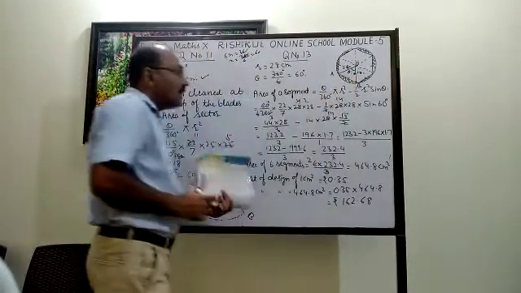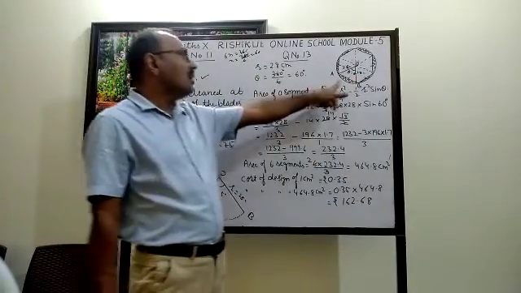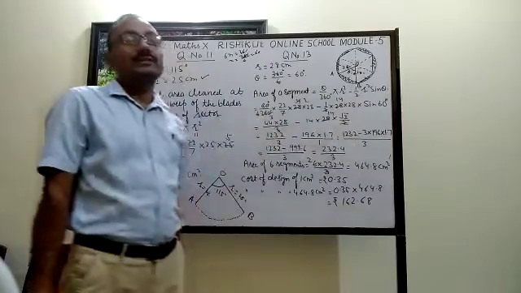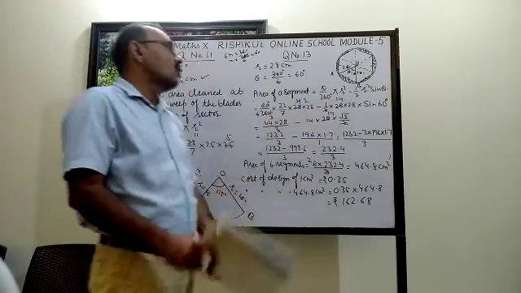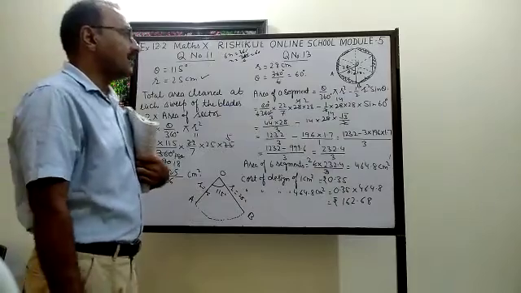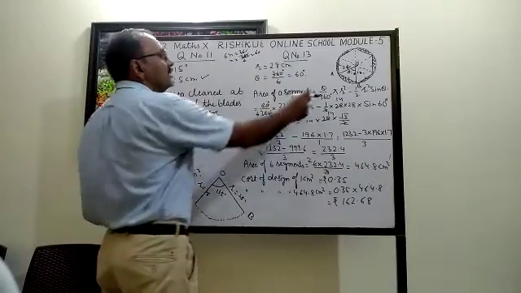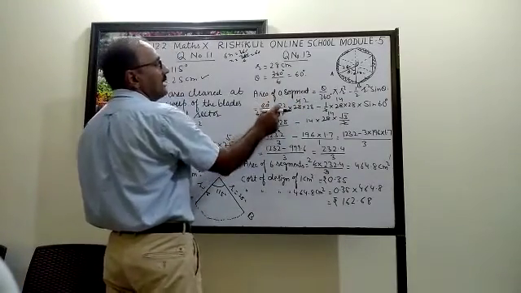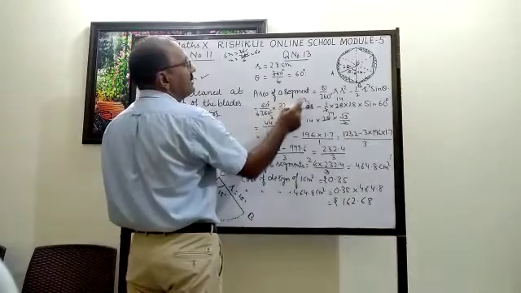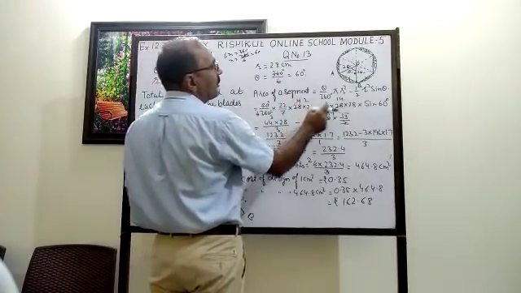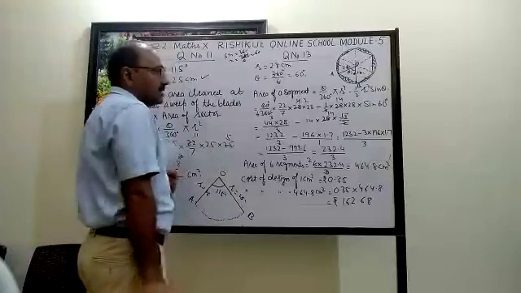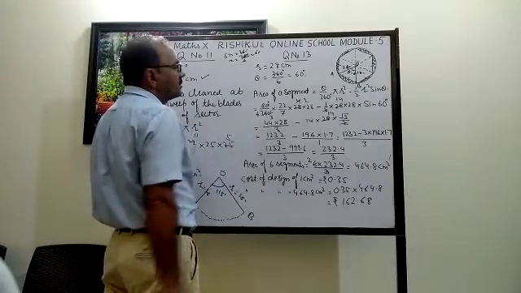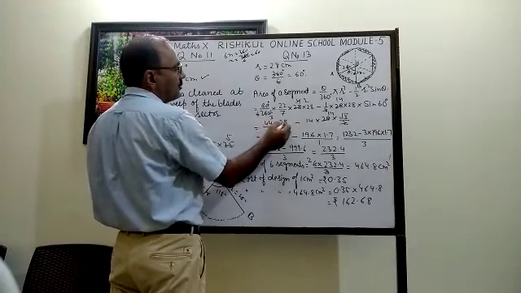The question is, how can you find the area of one design, or you can say one segment? Area of a segment is theta upon 360 pi r square minus 1 upon 2 r square sine theta. Theta 60 upon 360, pi 22 upon 7, and r is 28 into 28, minus 1 upon 2 r square, 28 into 28, sine 60 degree, and you simplify it, and then 44 into 28 upon 3.